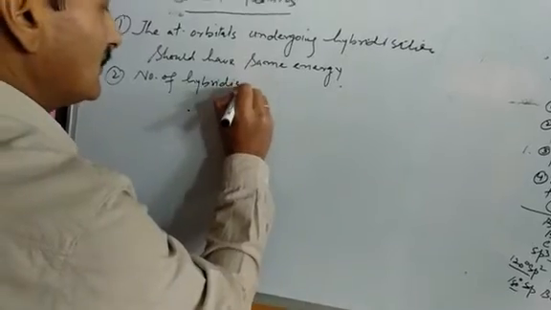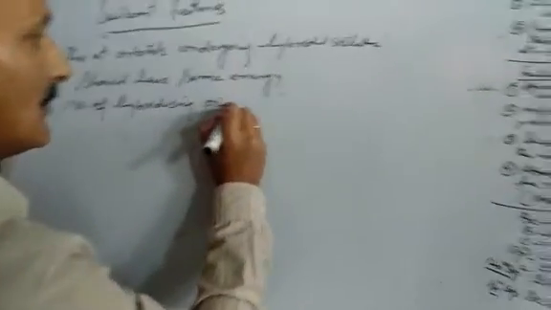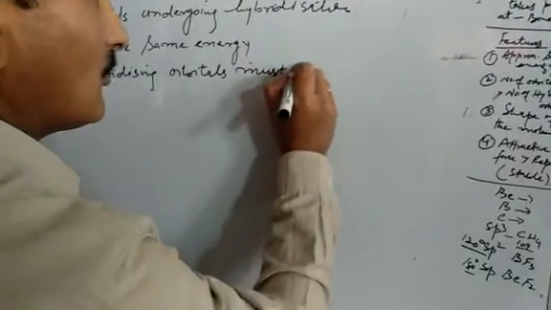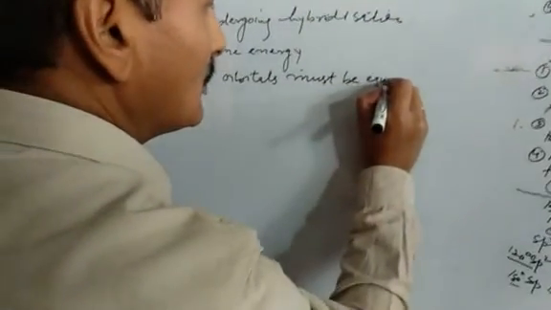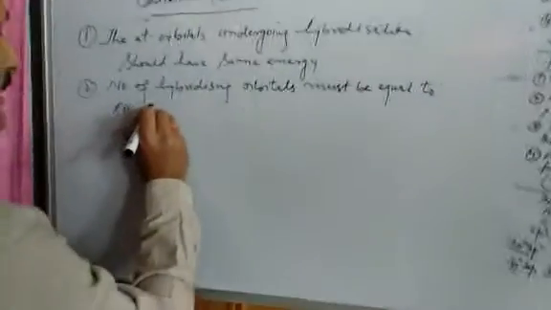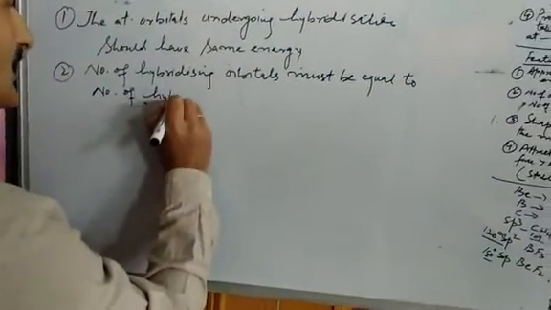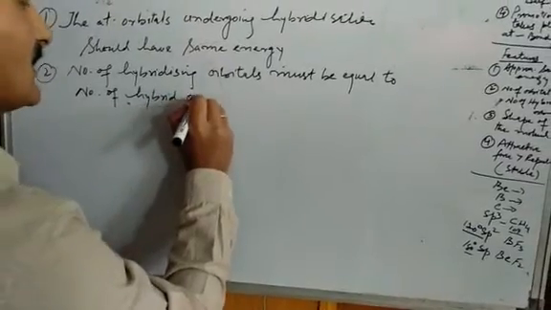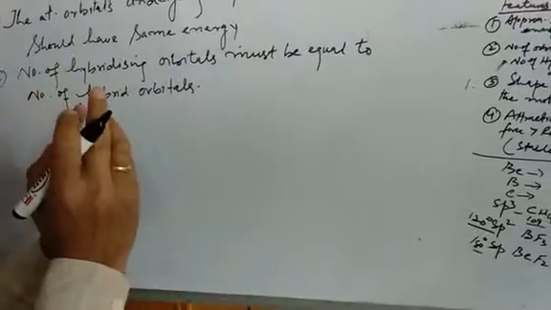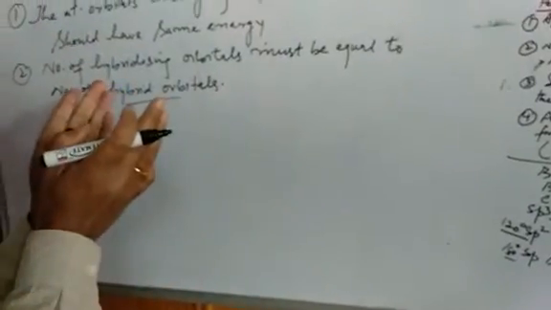It means that if two atomic orbitals are hybridizing, two hybrid orbitals will be formed.